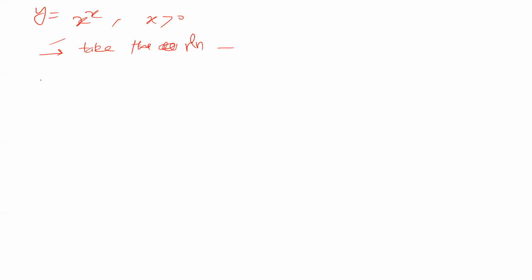So how to do that? ln y equals ln of x power x. Here we will apply some rules. ln means the base is e, understood? So ln of a power b we can write as b ln a.